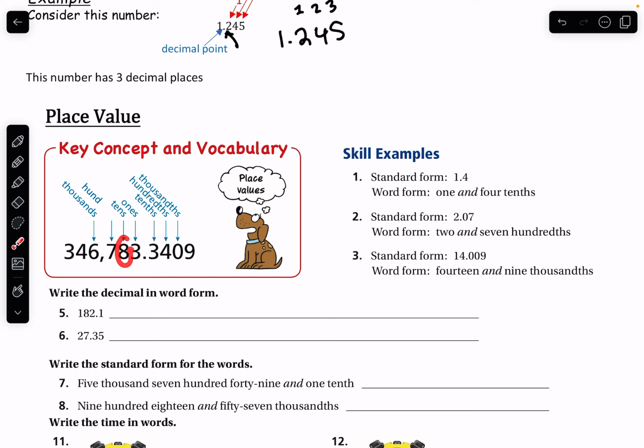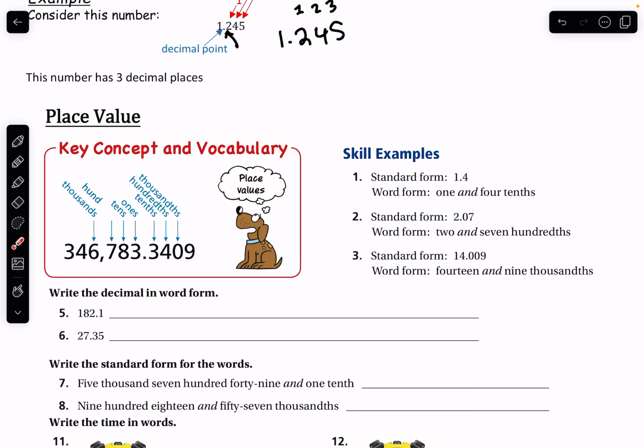Then you've got how many tens you have. So the number 83 has 8 tens and 3 ones. It's like you're counting money in your pocket. You've got 8 $10 bills and 3 $1 bills. After the tens, you get the 100 place value. Then you get the thousands, then the 10,000s, and then the 100,000s. It goes up and up and up.